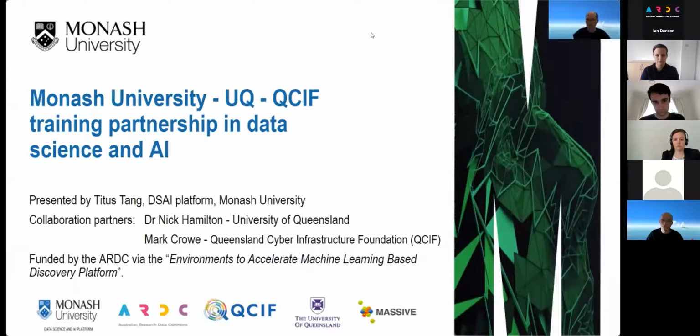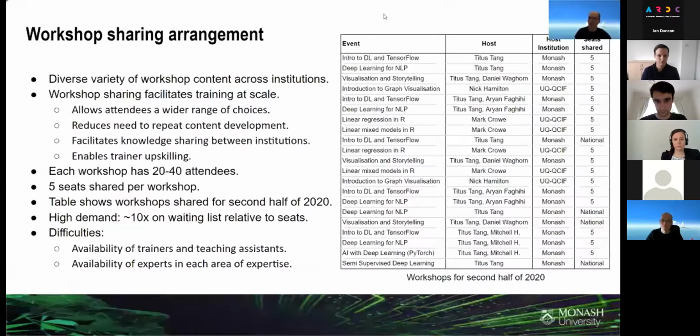One of the first questions we asked ourselves when we embarked on this project was, how do we upskill our researchers, staff, and students in machine learning, not just in our home organization, but across partner institutions and across Australia in general. One of our observations was that each institution typically had a set of workshop content that they have created and are running on a regular basis.